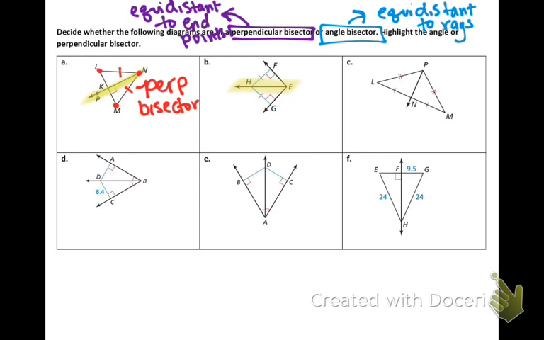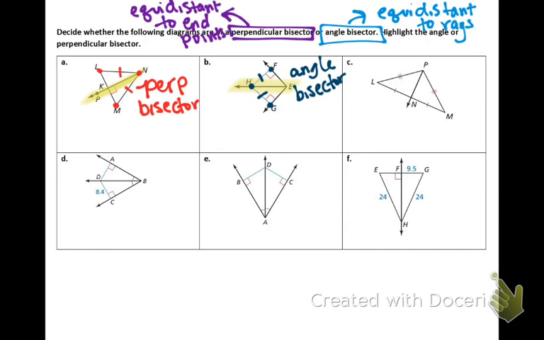Right here, we need to decide if it's perpendicular or an angle bisector. It looks like from the point on the bisector to two rays are congruent, so that makes this an angle bisector. Also, it looks more like a diamond. And again, the perpendicular bisector looks more like a triangle.